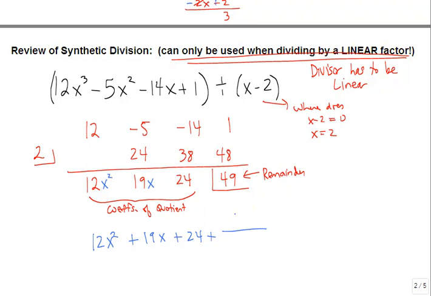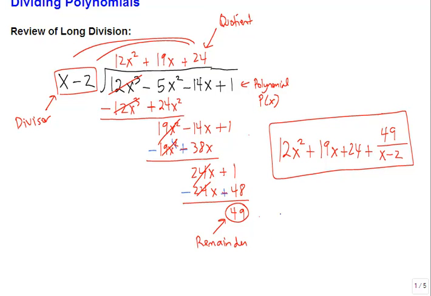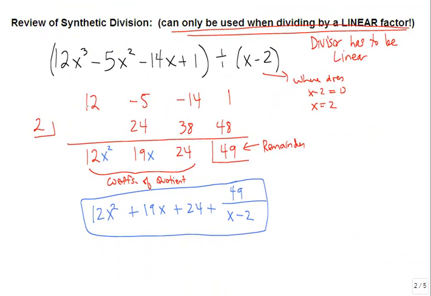The remainder number goes on top, and what goes on the bottom should be this divisor that you were dividing by originally, the one with the x's still in it. So this will be x minus 2. And that is exactly the same answer that we got up here doing it with long division. Same solution. But this time we had a lot less work up here because we didn't have to keep track of all those x's.